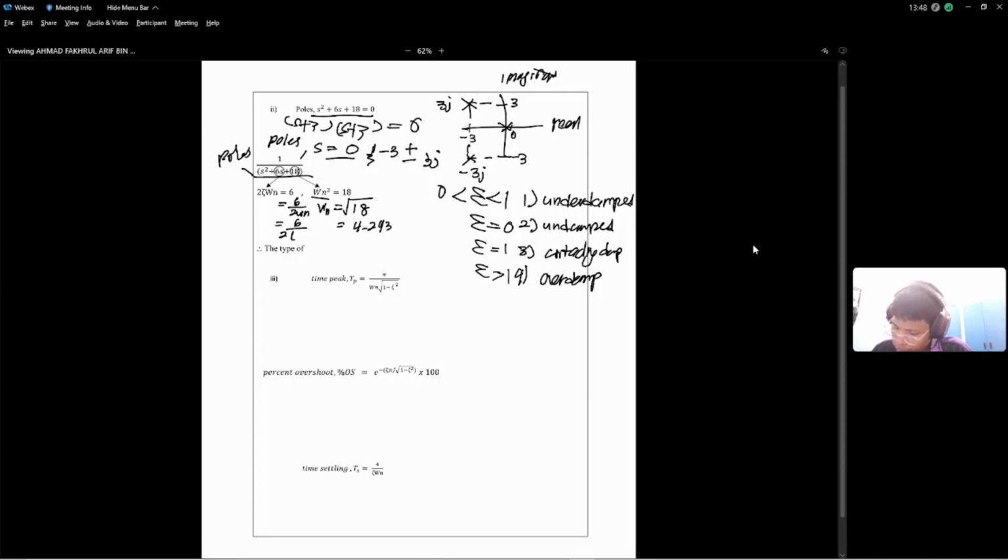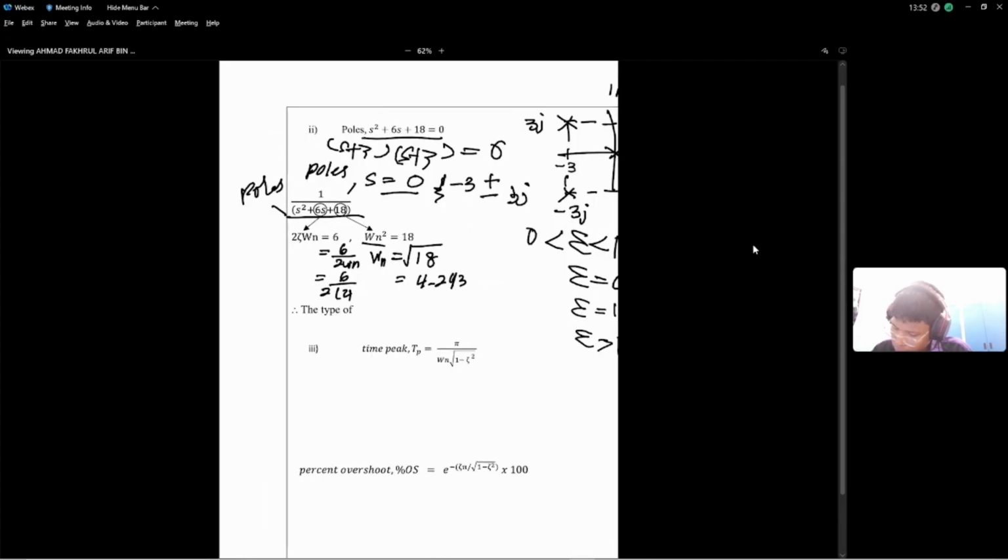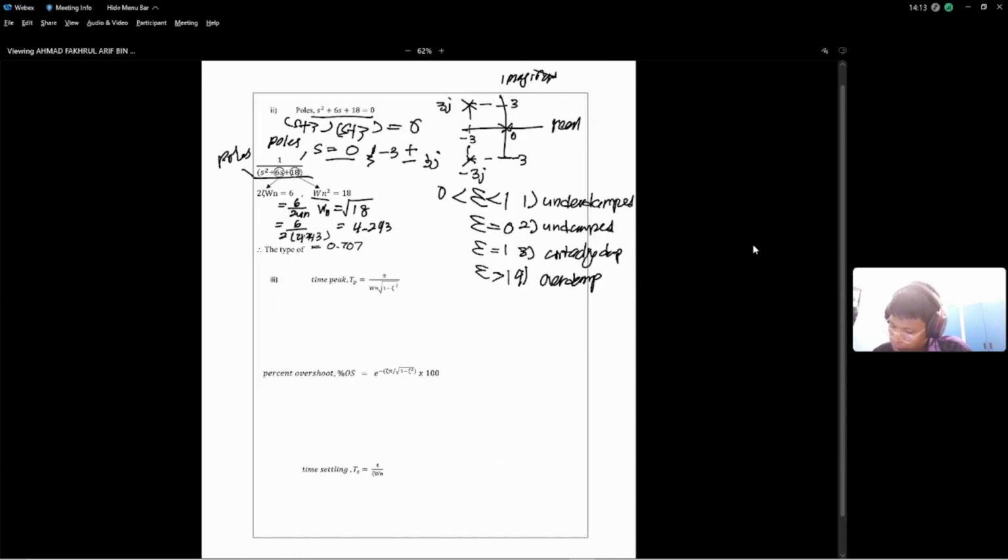Then we put omega_n as 4.243, and then we will get 6 over 2 times 4.243, which is 0.707.